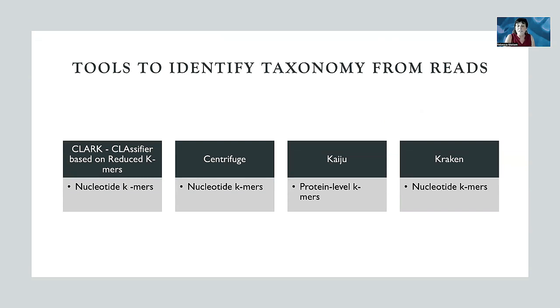They're all based on k-mers, and three of them, Clark, Centrifuge, and Kraken, work with nucleotide k-mers based on the DNA sequence. Kaiju works on protein level k-mers. And so I'm going to show you today how to use Kraken because I know of a free resource that has the pipeline there that makes it really easy to do.